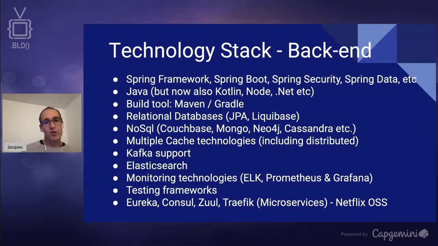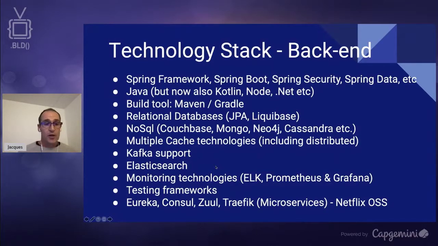On the back end, it's leveraging the build tool Maven or Gradle. On the persistence side, it supports relational databases through JPA and then also Liquibase. For NoSQL, it's got support for Couchbase, Mongo, Neo4j, and also Cassandra. It includes multiple cache technologies, including distributed caching technologies. It's got support for Kafka. It's got support for Elasticsearch.